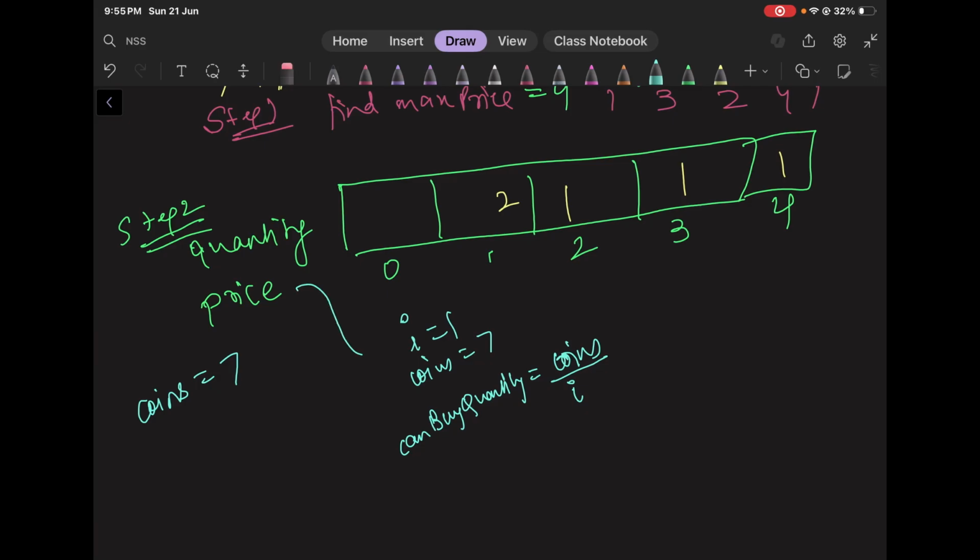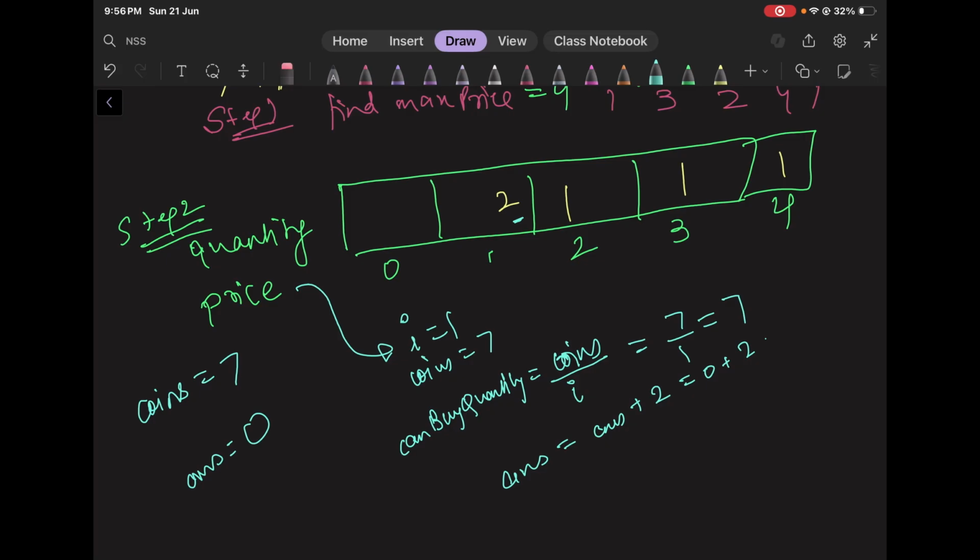So this will be 7 divided by 1, which is 7. For the 1 rupee ice cream he can buy a maximum of 7, but only 2 are available. I create an answer which tells me how many ice creams I get. So he will buy both 2, and my answer is equal to answer plus 2.